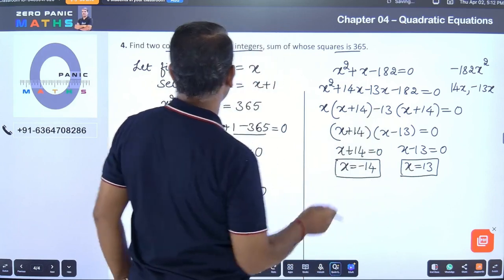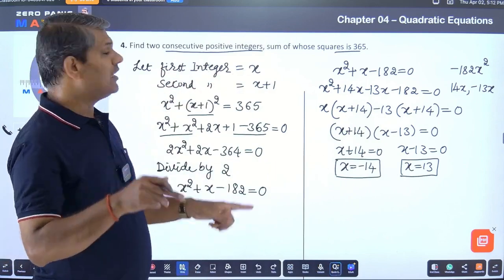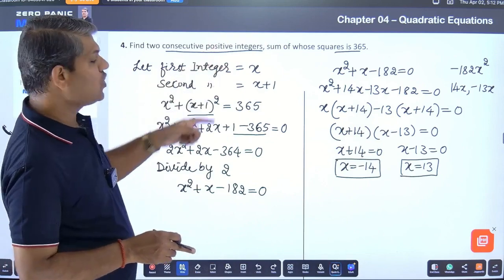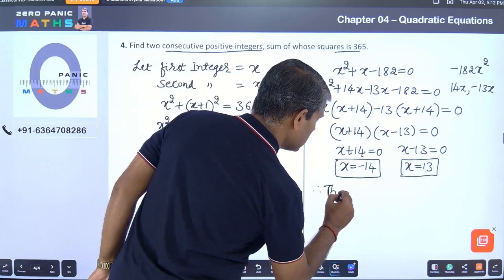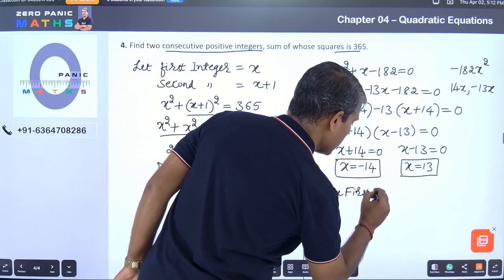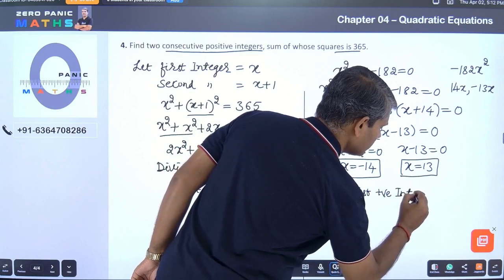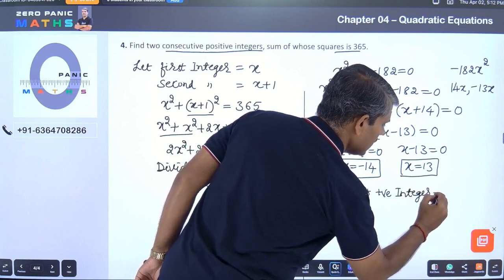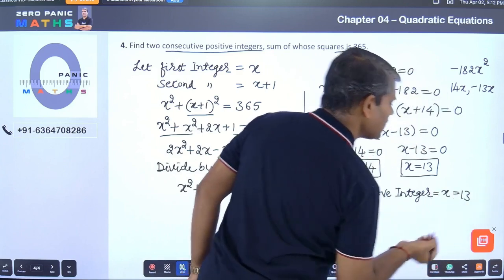So what we considered, we considered first integer as x, and that x is a positive integer. So therefore the first positive integer for the solution is equal to x is equal to 13 and next is 14.